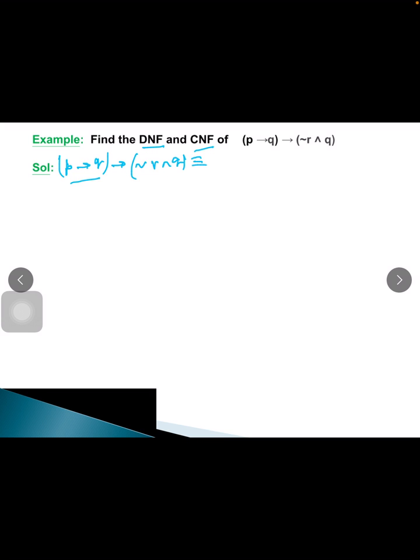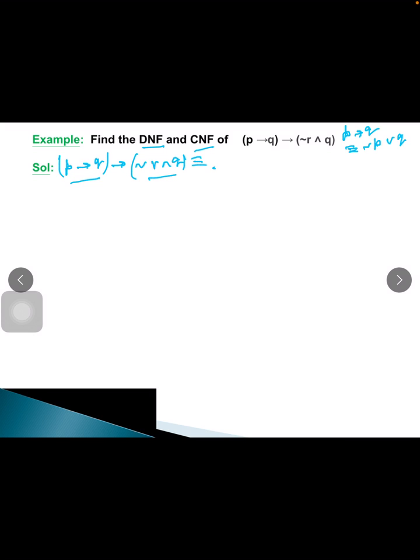This is one compound proposition, this is another compound proposition, and these two compound propositions are connected with the implies. So first we apply the definition: P implies Q, I told you, is equivalent to negation of P or Q.